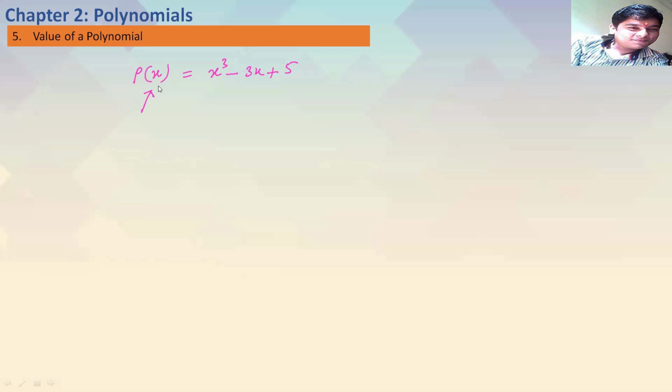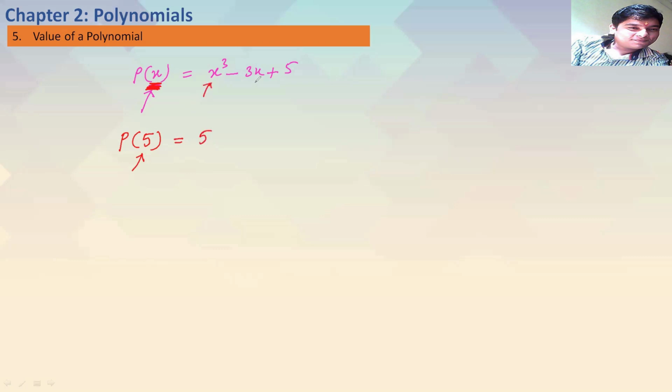For instance, let's say we have a polynomial like this: x cubed minus 3x plus 5. This is the machine. You will input something and the input will fit in here. That means the x value will be the input. So for instance, we are writing f(5). We are inputting 5 into the machine, and 5 will fit in here.